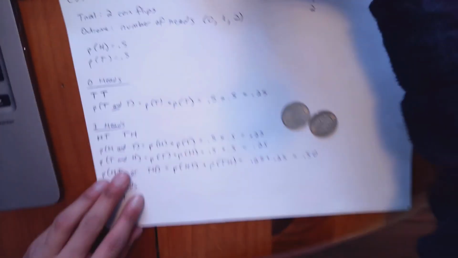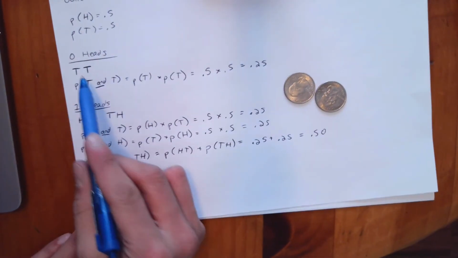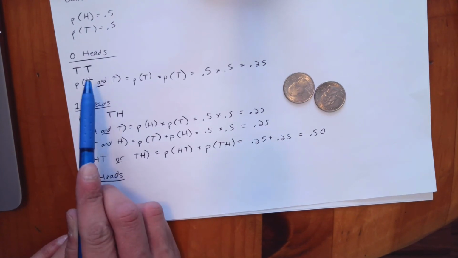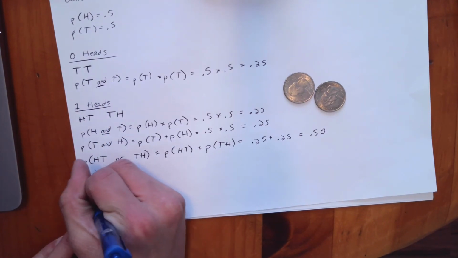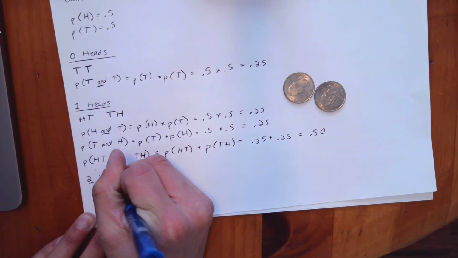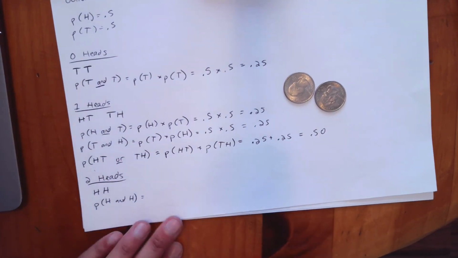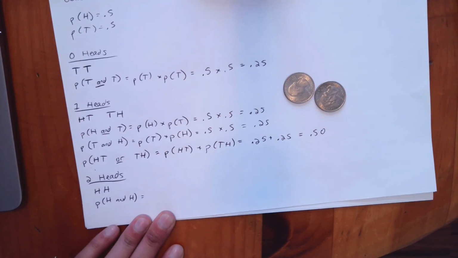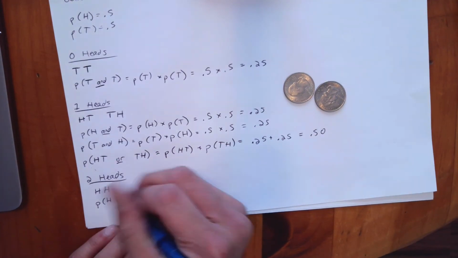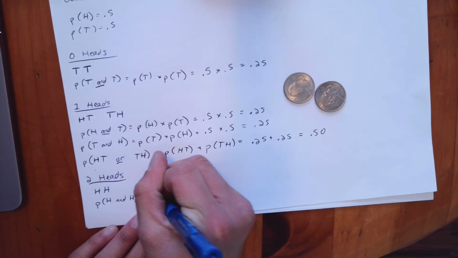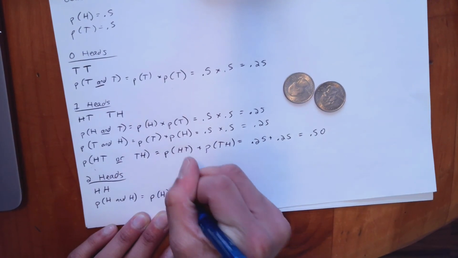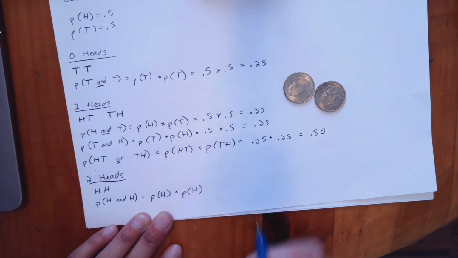So we're going to do the same thing that we did for 0 heads here, except that instead of looking at tails, we're going to be looking at heads. So what's the probability we're going to get heads and then heads again? Well, we can find this by using our multiplication rule, which again can tell us the probability of getting heads in your first flip and the probability of getting heads in your second flip.